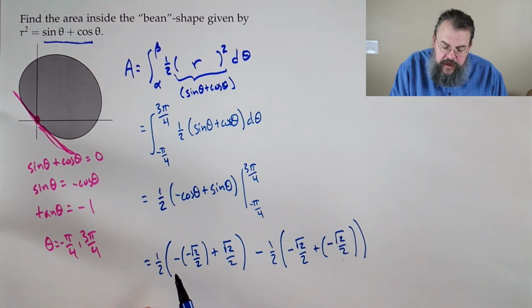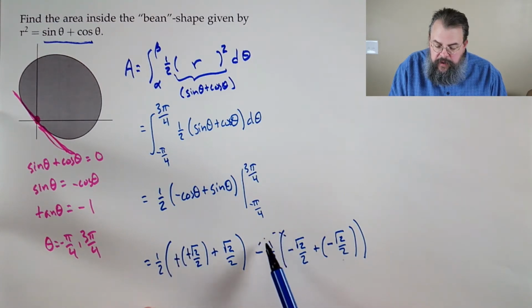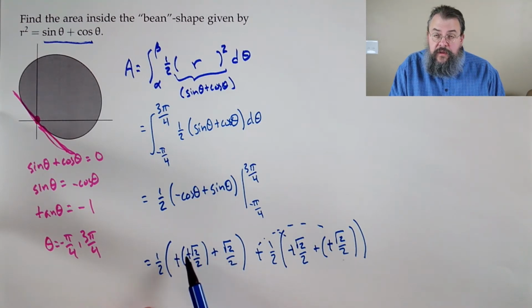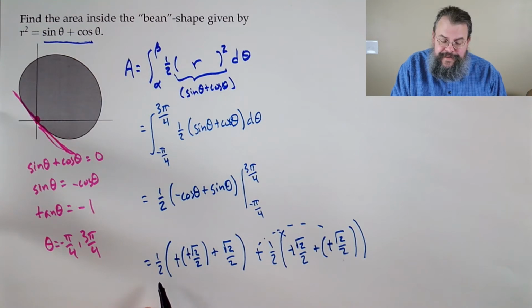Well, if you're careful with your signs, lo and behold, those signs can cancel. This minus sign distributes, so that everything becomes positive. Root 2 over 2 plus root 2 over 2 makes this a root 2. Of course, you have to times it by 1/2.